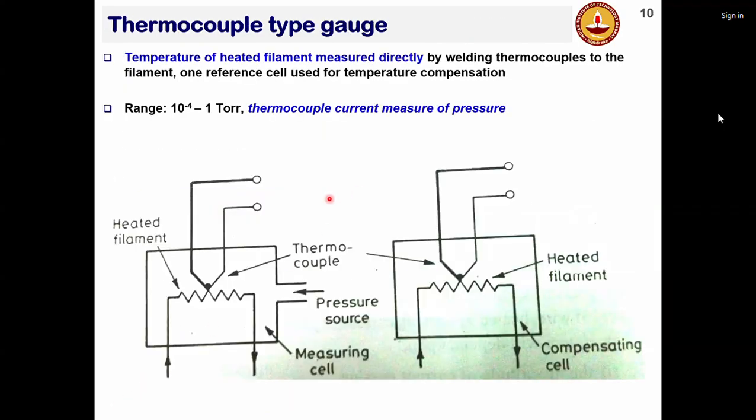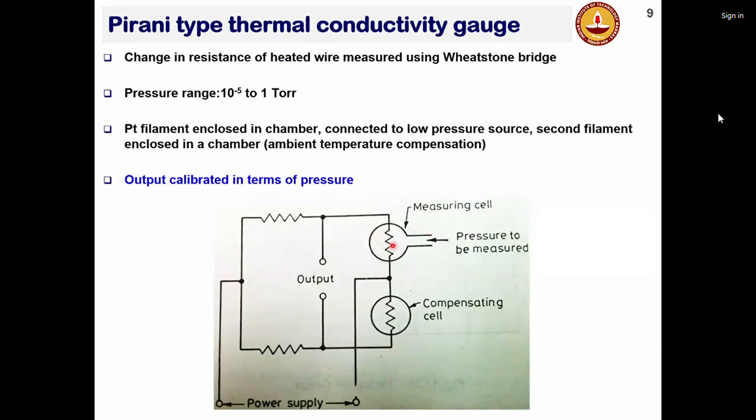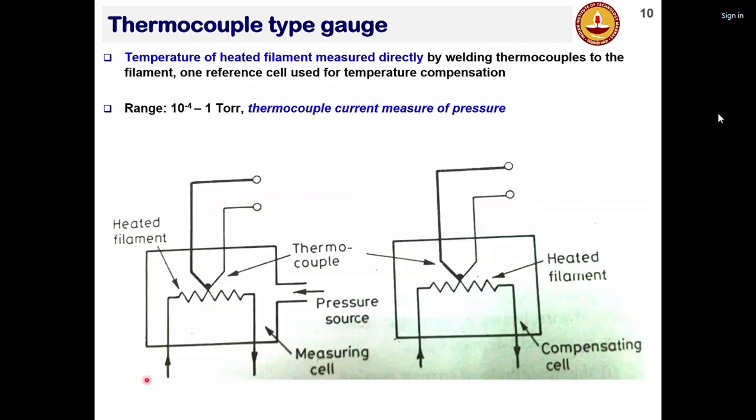Instead of making an indirect measurement of temperature, one can directly measure the temperature using a thermocouple. So that is known as a thermocouple type gauge. That means when I pass current through it, I can directly measure how much the temperature of this heated filament will be.